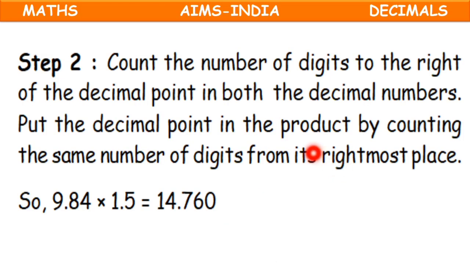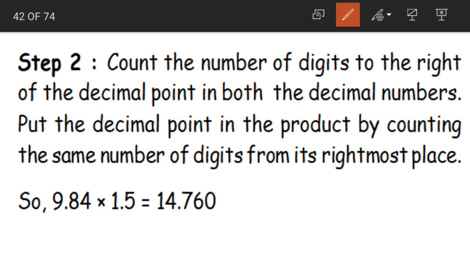In the second step, we have to count the number of digits to the right of the decimal point in both the decimal numbers. Put the decimal point in the product by counting the same number of digits from its rightmost place. What should we do in multiplication? First we have multiplied both the numbers as whole numbers and we got 14760 as our answer. Now the next step is making it as a decimal number, presenting it as a decimal number.